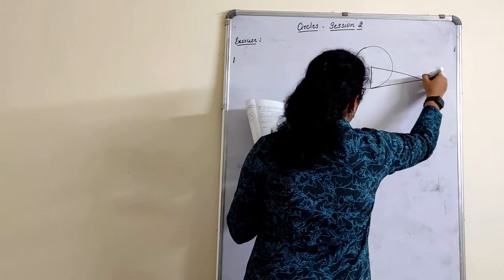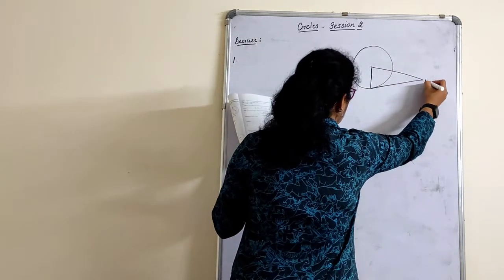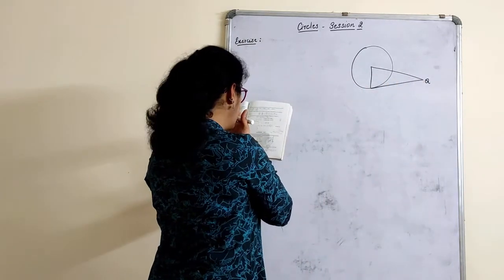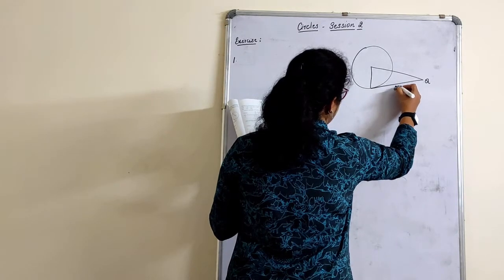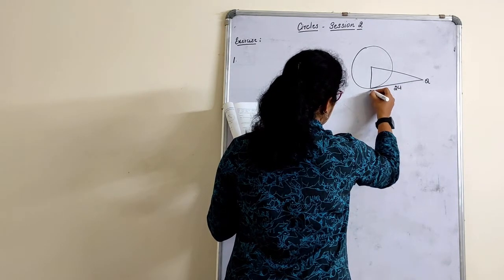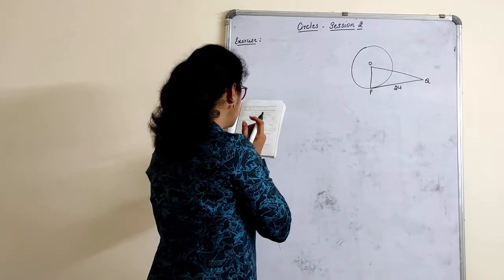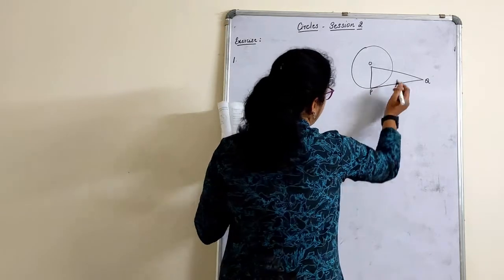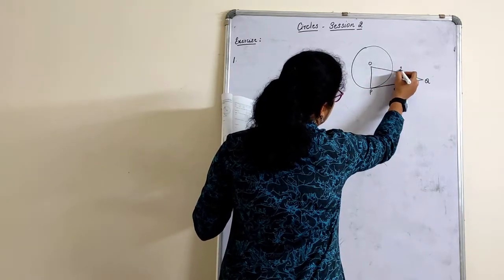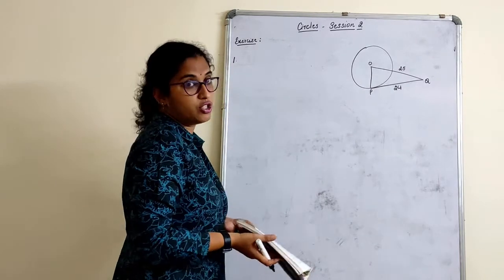From a point Q, the length of a tangent to a circle is 24, that is, this is 24. I consider this as P and this as O. The distance of Q from the center is 25, that is, this is 25 centimeter. Find the radius of the circle.